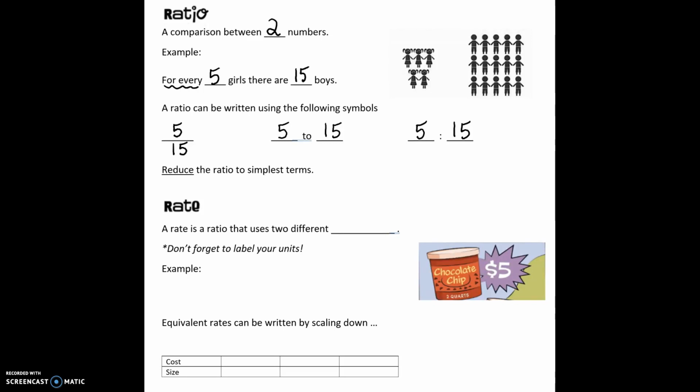Now, it's helpful to reduce the ratios to simpler terms sometimes. When we do that, all we're asking you to do is to divide both the numerator, and please add this in your notes, and the denominator by the greatest common factor.